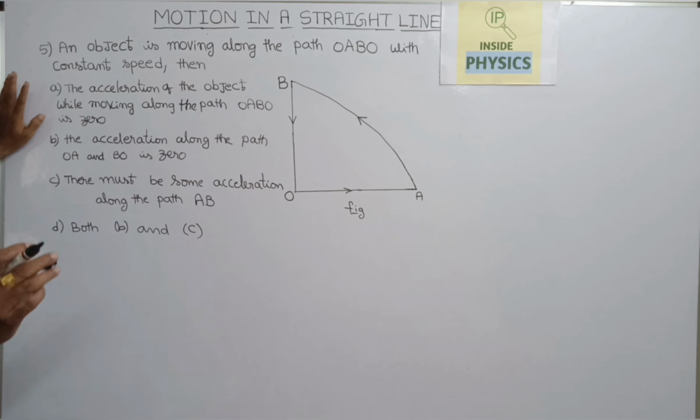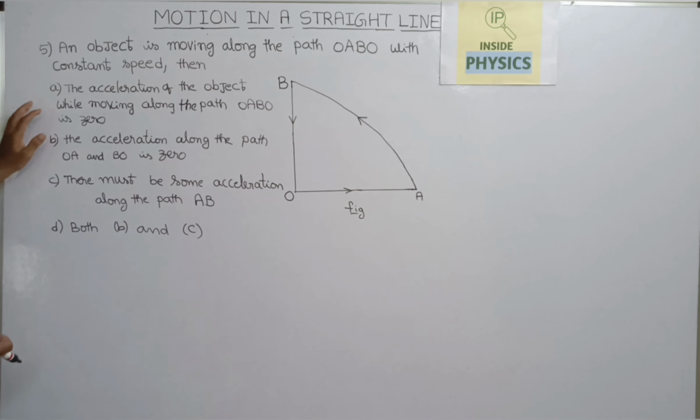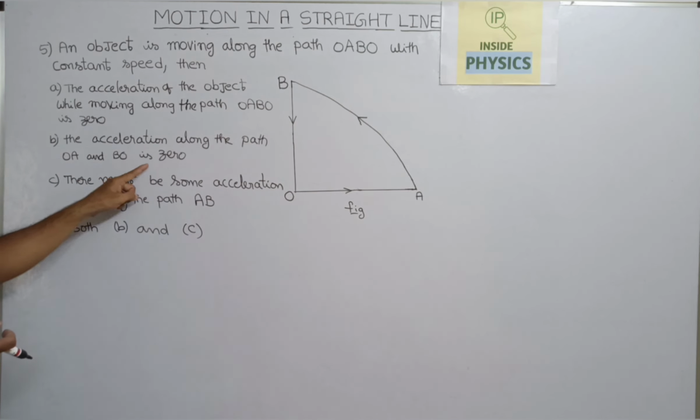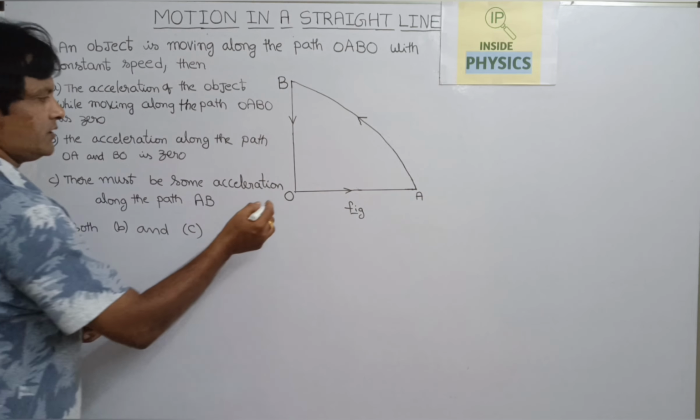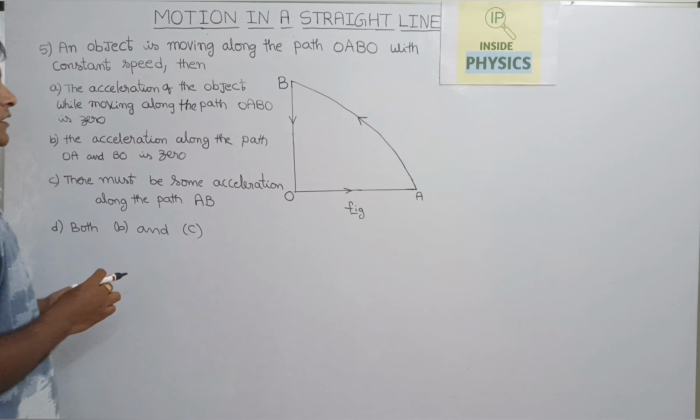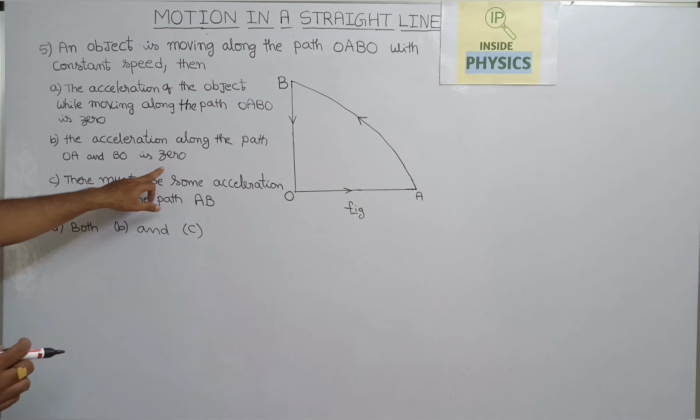That means there is no acceleration. And option B, is it correct? We will see. Check all the other options and we will decide which is correct. The acceleration along the path OA and BO is 0.